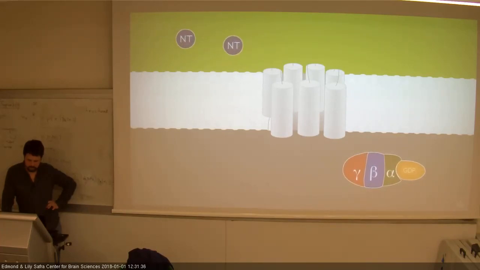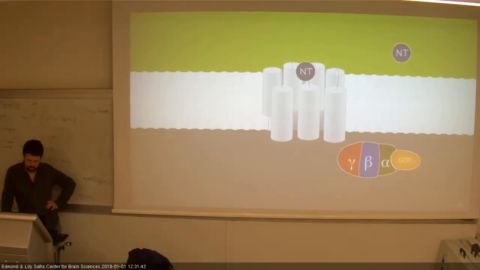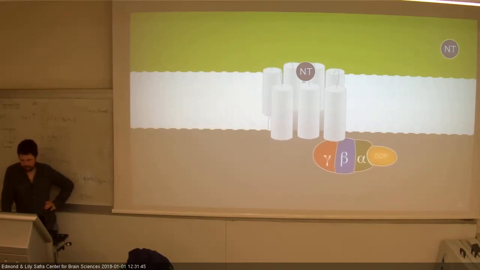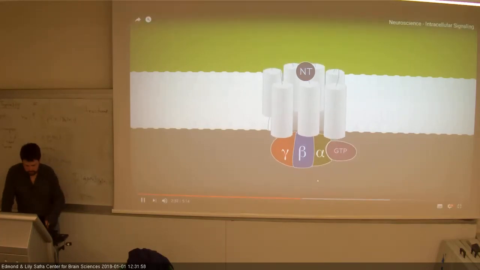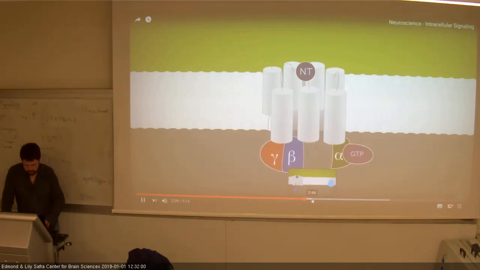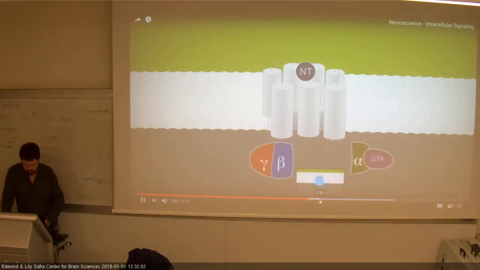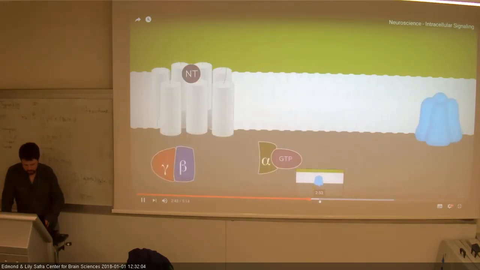When a signaling molecule, for example a neurotransmitter, stimulates the GPCR, the receptor essentially changes its shape, allowing the G protein to bind to its intracellular domain. The alpha subunit then exchanges its GDP for a guanosine triphosphate, GTP, creating an active state. This results in the G protein subunits dissociating from the receptor, as well as each other.